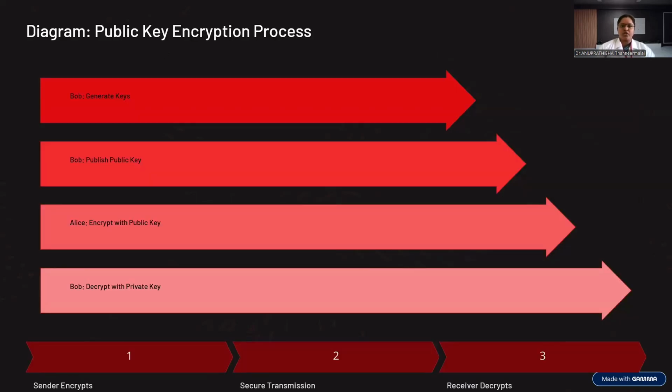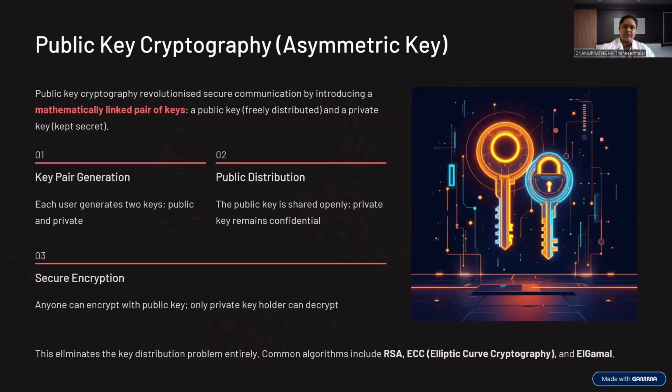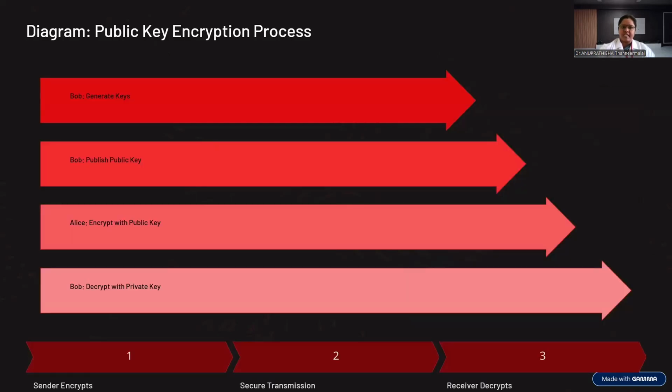And now we are going to see about the public key encryption process, in which the first scenario we have already seen is key pair generation. So first Bob generates the key and then publishes the public key. Then Bob will be encrypting the plain text using the public key of Alice.